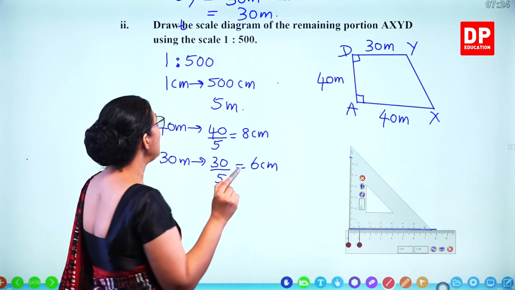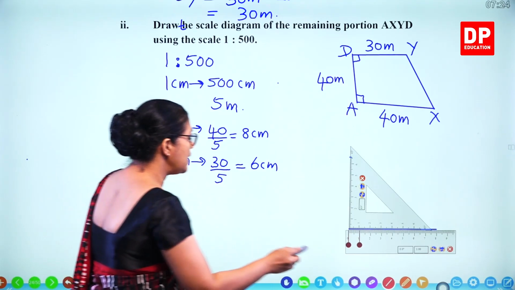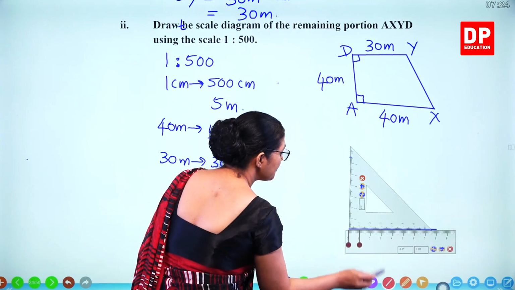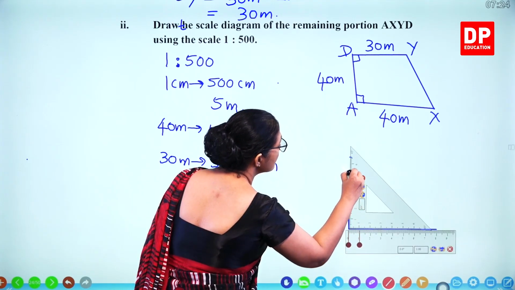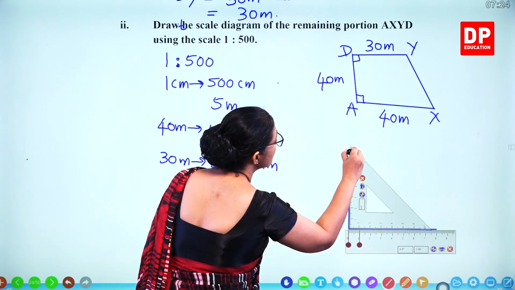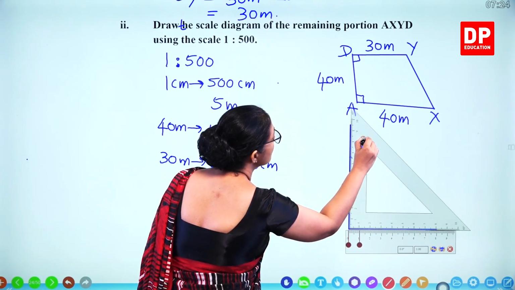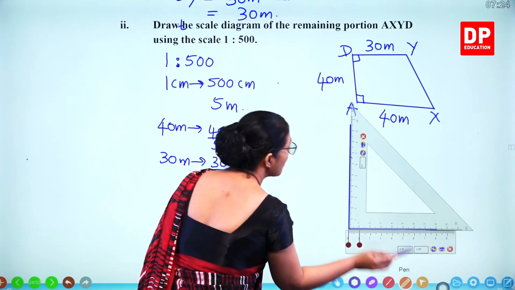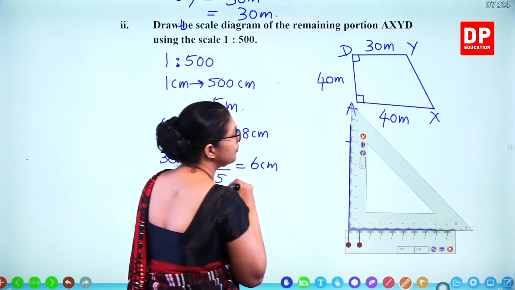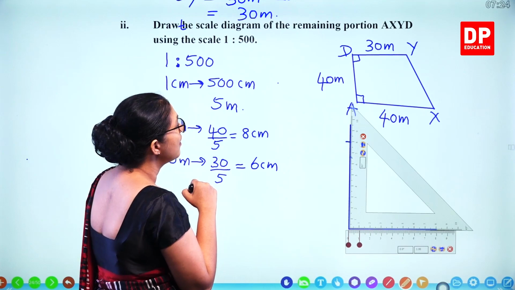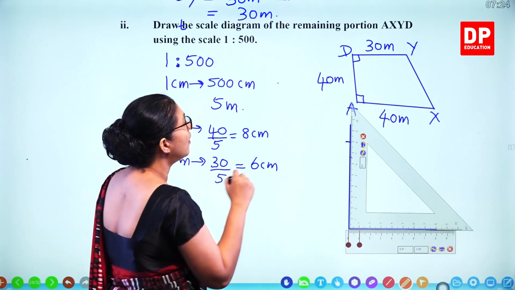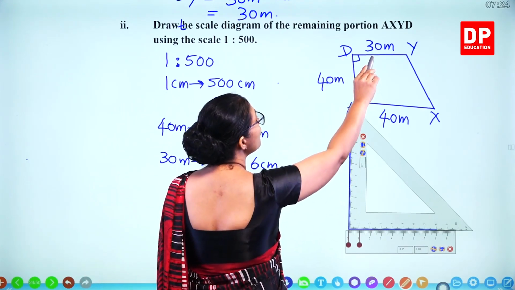That's also 40 meters, which means 8 centimeters. Here. Then you need to draw now 30 meters.